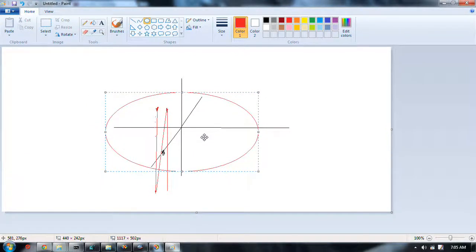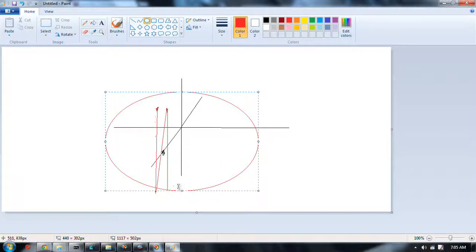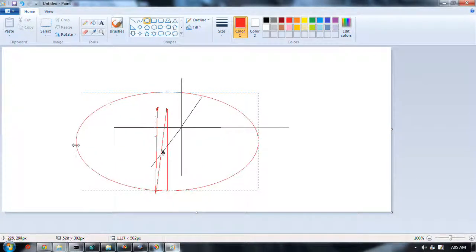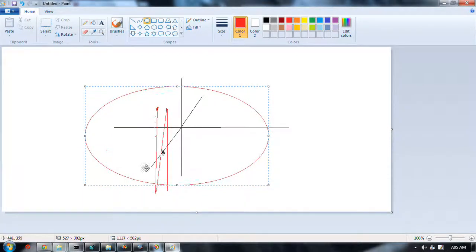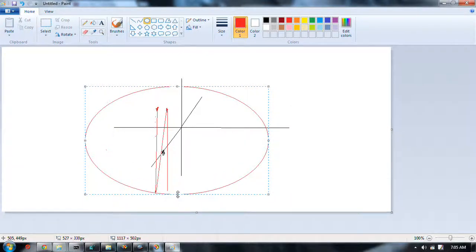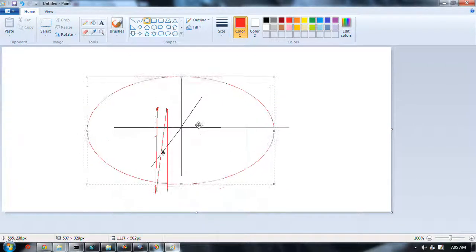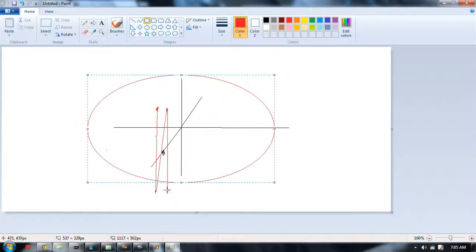That circle is centered on the origin, and the maximum value being here. Okay, well, it's going around the circle. The next point is going to be here, right?